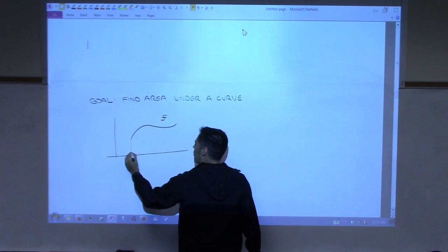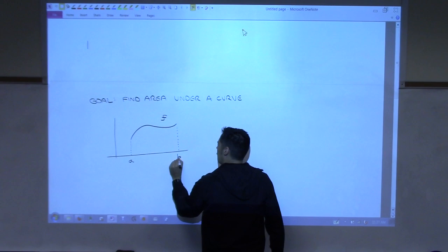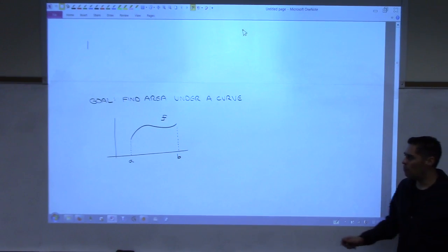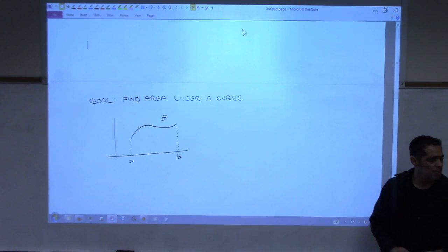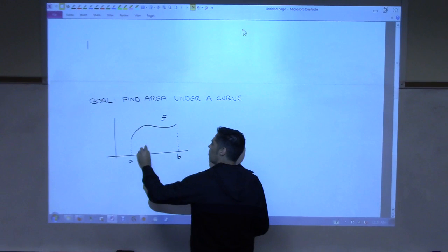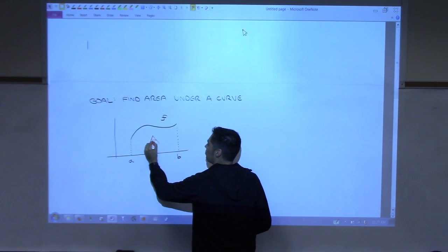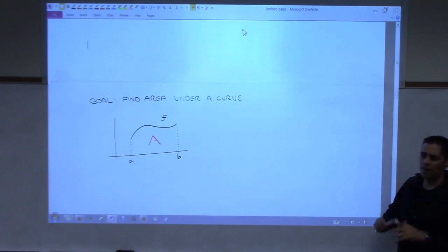And let's say we start at an endpoint A and we end at the endpoint B. And what I'm interested in is figuring out what the area below that curve is. All right, I want this area. It's going to be related to the antiderivative, all right? But I don't want you to think about that yet. I want that area, understand?